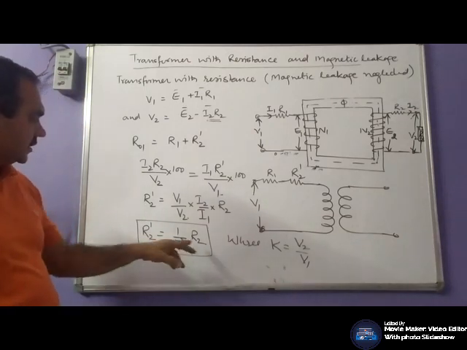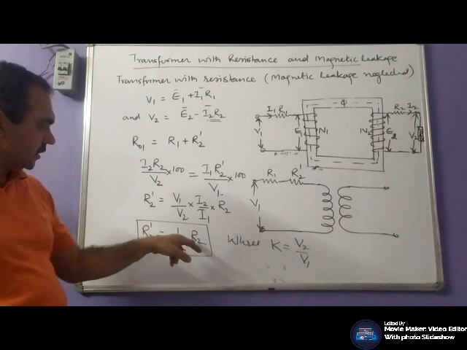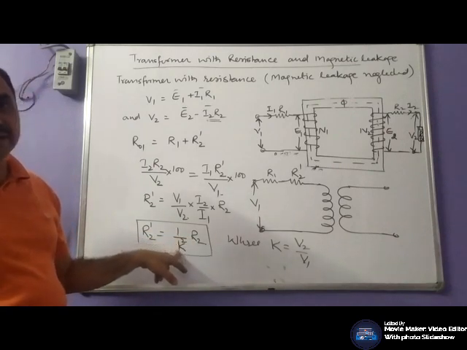So in such a way, its equivalent value will be R2 divided by K square.